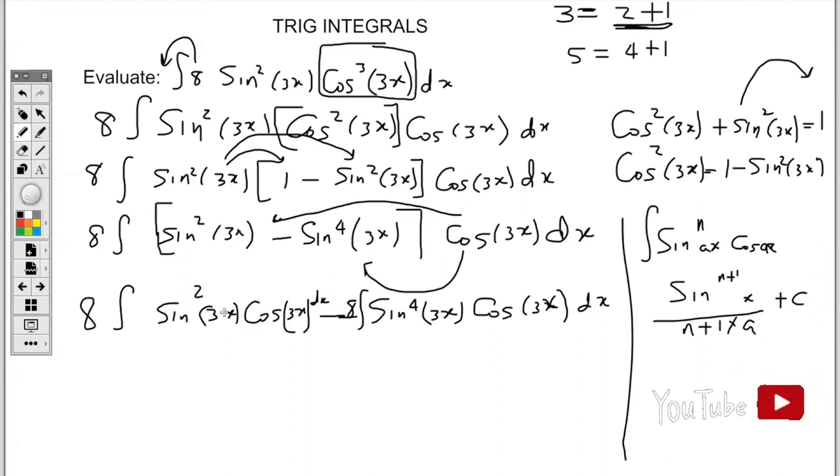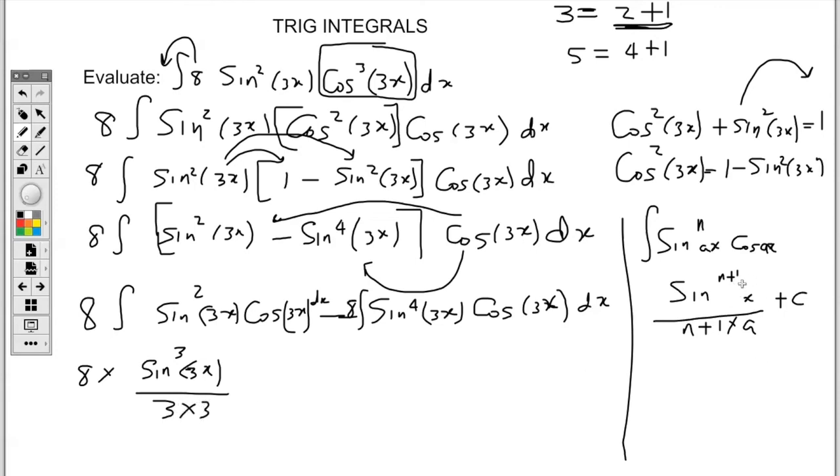So for this, by recognition, I will have 8 times sine, the power you would add 1, so you'd have 2 plus 1 is 3x, but in this case we have an a, so this would be 3 times 3.